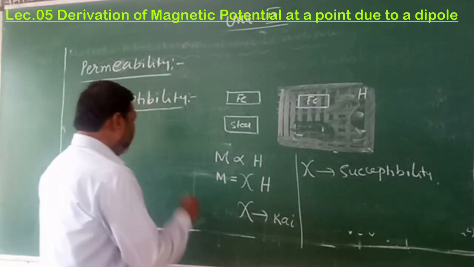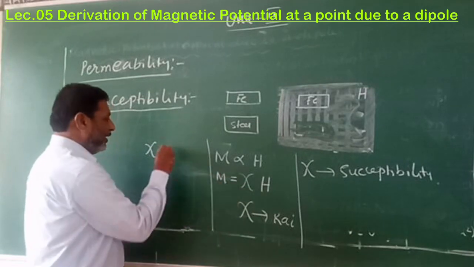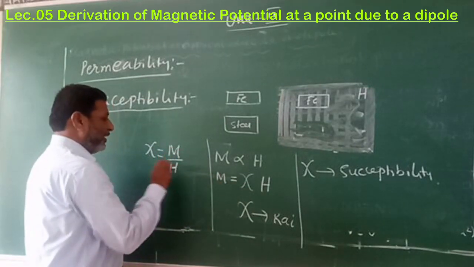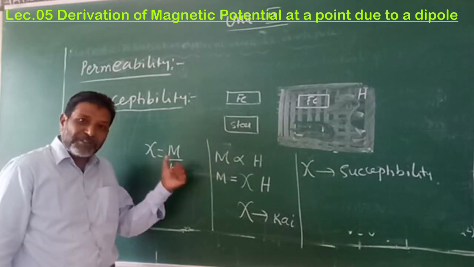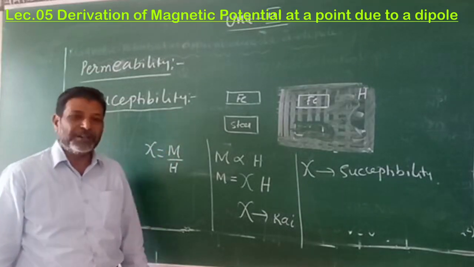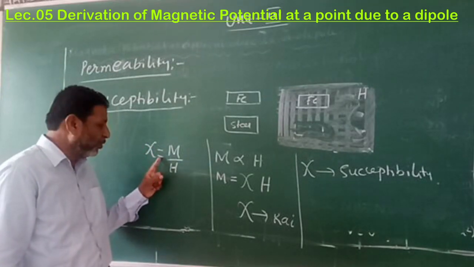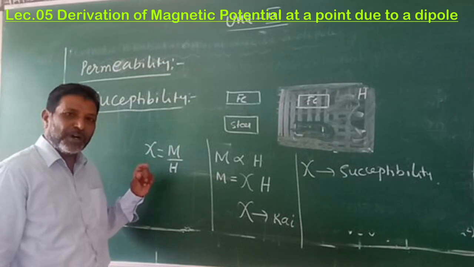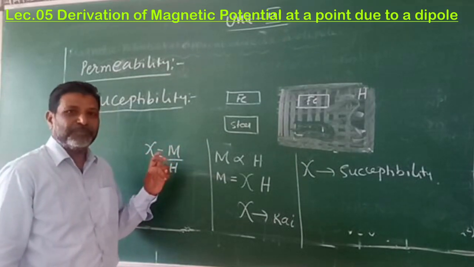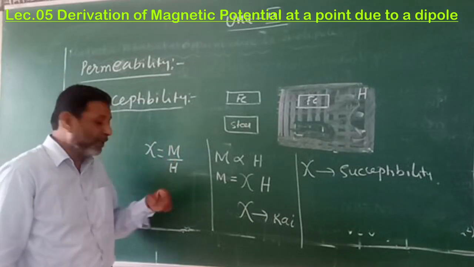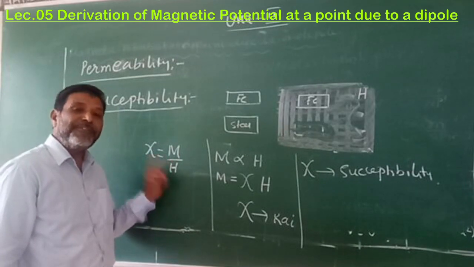Now, you can write this chi as M by H. Therefore, what is the mathematical definition of the susceptibility? The susceptibility of a material is equal to the ratio of the magnetic moment gained by the material to the intensity of the applied field.